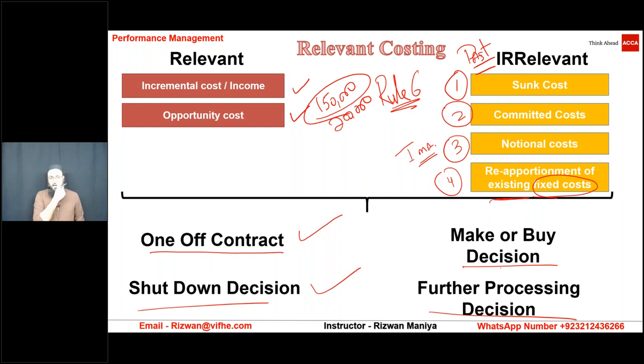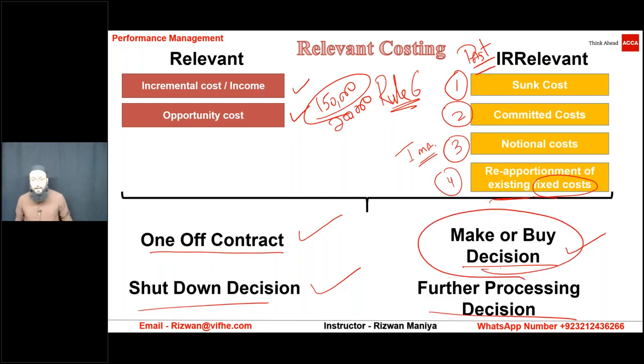Shutdown was covered in March 2020, so I'll share the link of that. You can cover that as well. Make or buy is our topic today, and through make or buy, we will understand further relevant costing principles in the right way. Aisha, if there is some stepped cost, which means the fixed cost is increasing because of the project, that will be a relevant cost.